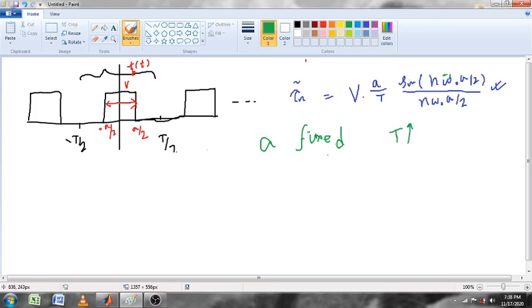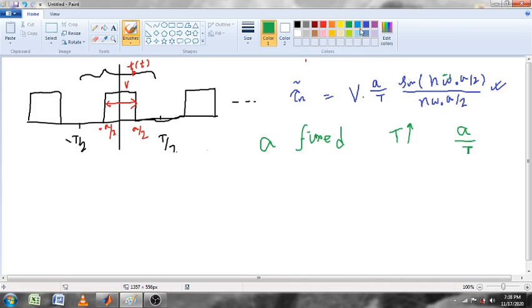What if I keep my A fixed, so I keep the on time fixed and then keep on increasing my time period? So essentially what we are doing, we are calling our A by T by one number, and then changing that number. Let's see what happens then.